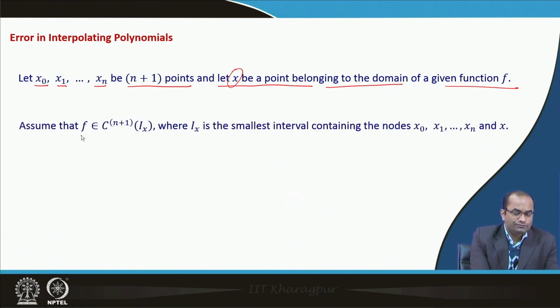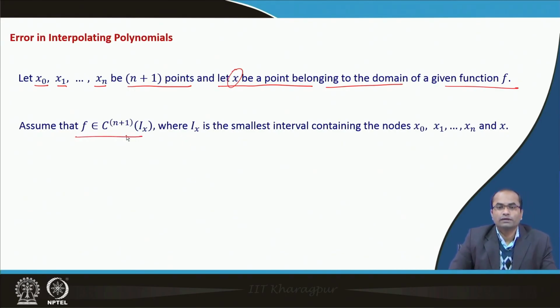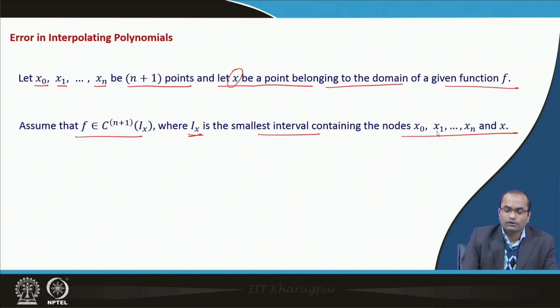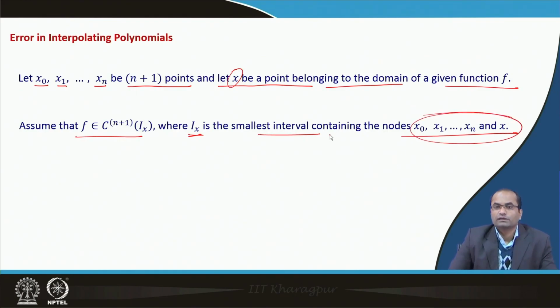We assume that f is n plus 1 times differentiable, where I x is the domain here, the smallest interval we can think of which contains all these nodes including this x. So, I x is basically the domain of this function f.